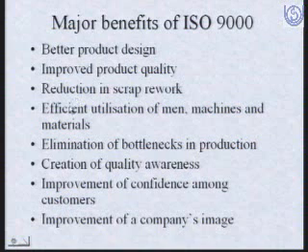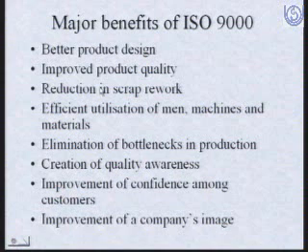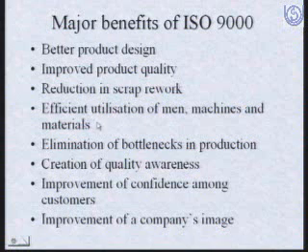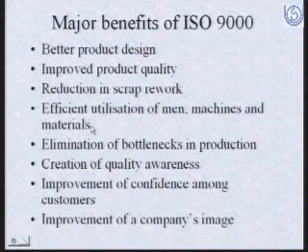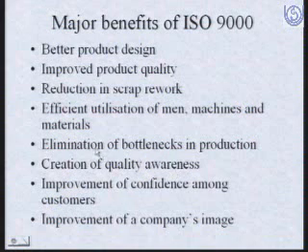Next is reduction in scrap and rework. The scrap is drastically reduced because the whole methodology is standardized. Next is efficient utilization of men, machines and materials. Here men, machines and materials are all standard, so they become quite efficient.